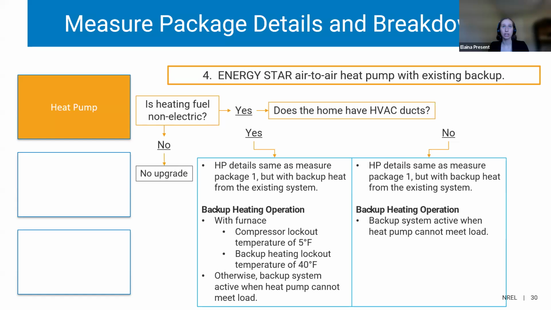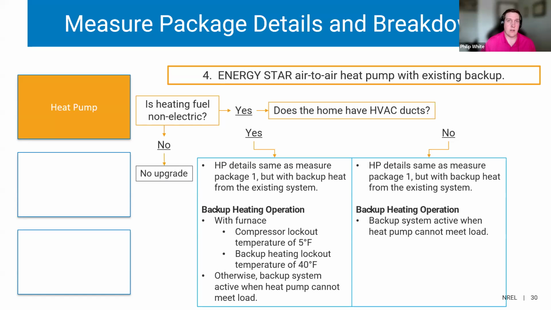All right, next question. Regarding the capacity retention of 90% at 5 degrees Fahrenheit, can you detail the source for that and specifically how it compares to models in the NEEP list of cold climate heat pumps? Yeah, the source is the NEEP database. I don't think we chose a specific model.